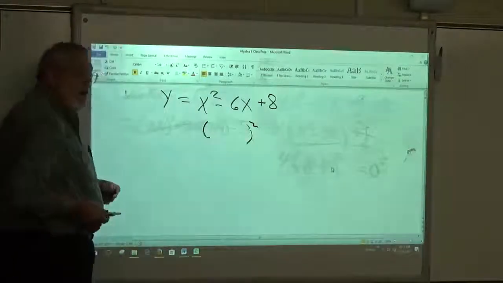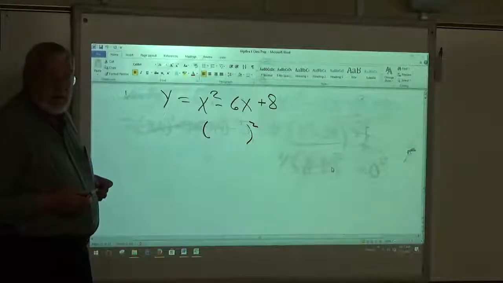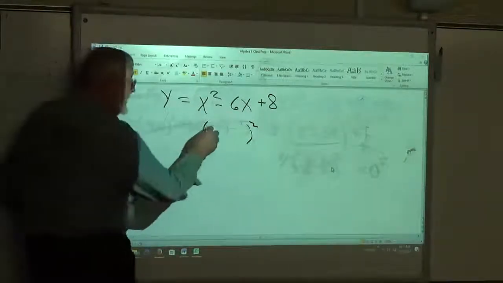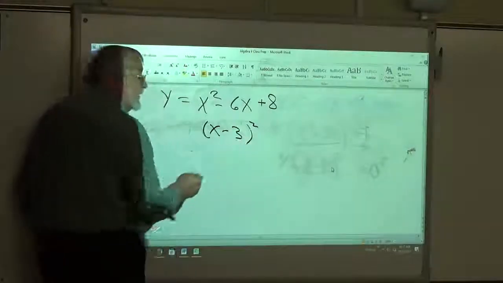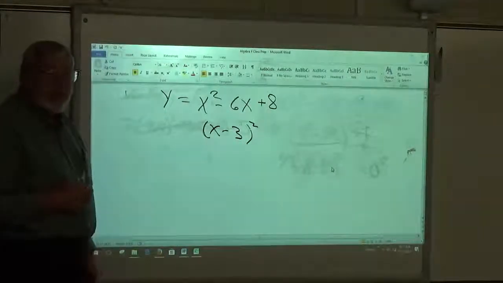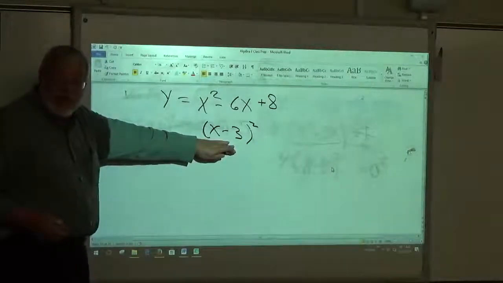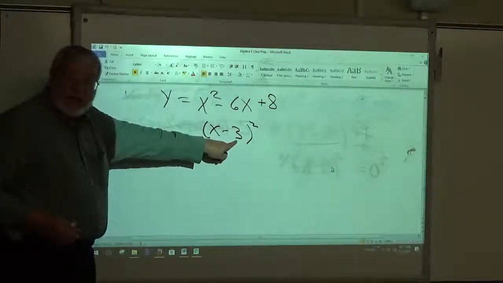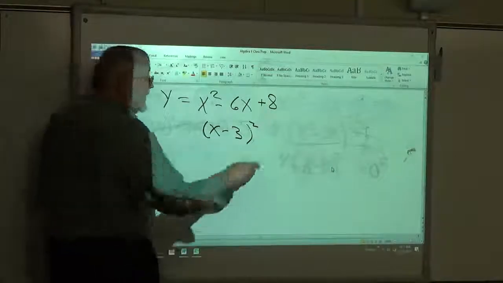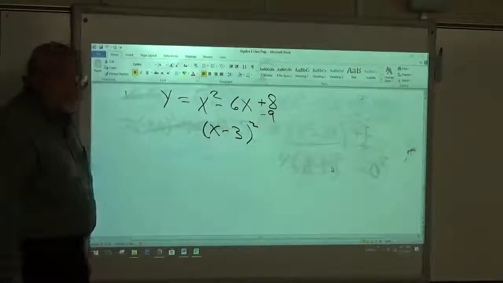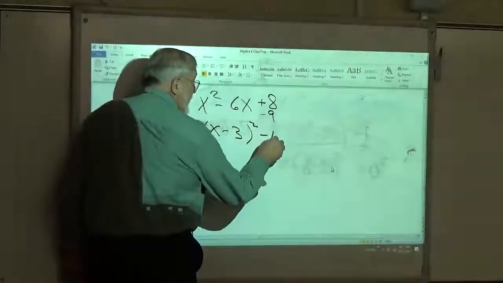So what's going to go in there? Half of negative 6 is negative 3, so it's going to be x minus 3. Now, what's the extra number that this trinomial will have? 3 times 3, so there's a positive 9 in there, so I need a negative 9 here. Therefore this is minus 1.